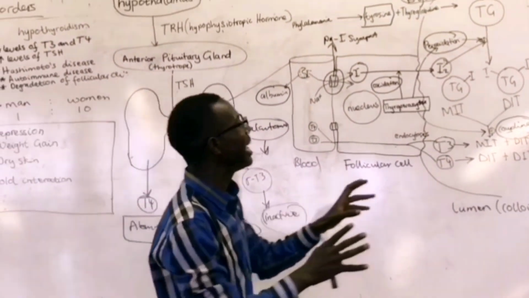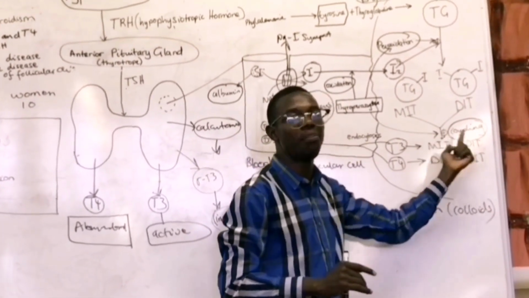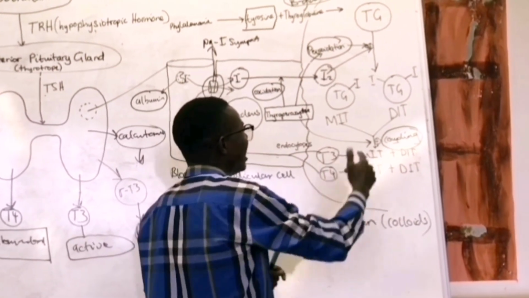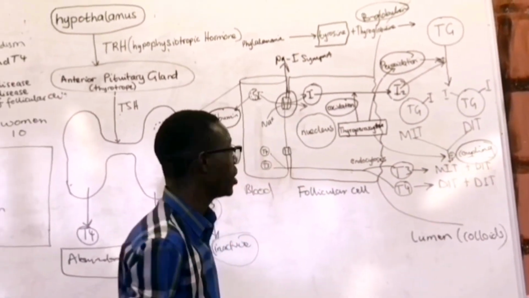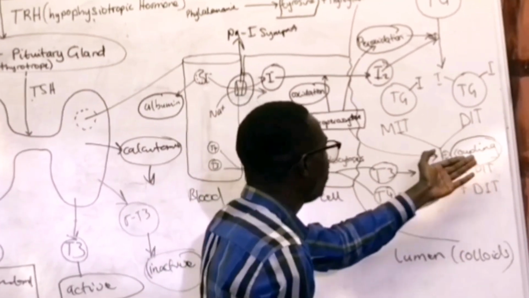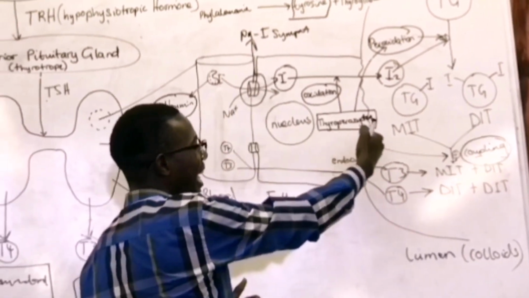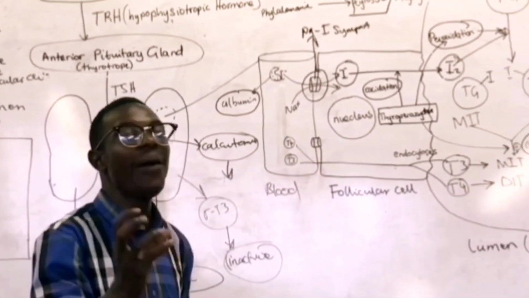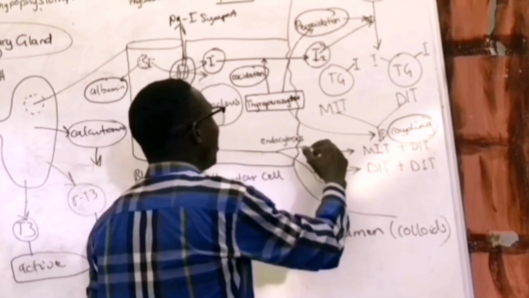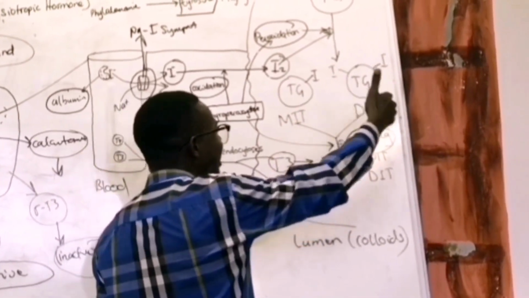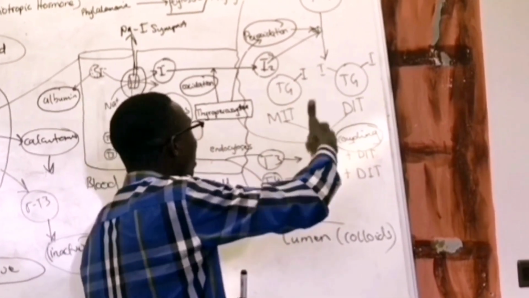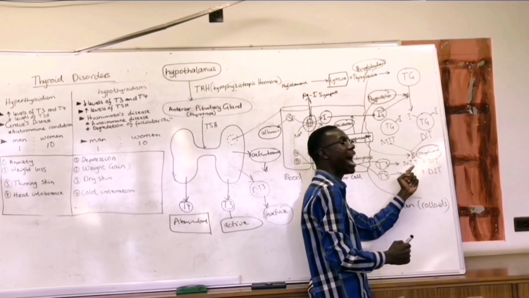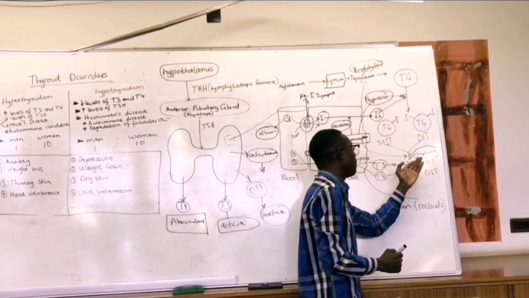So we need to go further and perform coupling. We are going to join MIT, the monoiodotyrosine, and DIT, the diiodotyrosine. As we combine them by the process of coupling, stimulated by thyroperoxidase, we form T3, T4, and RT3. But it depends on whether MIT binds to DIT, or DIT binds to DIT.